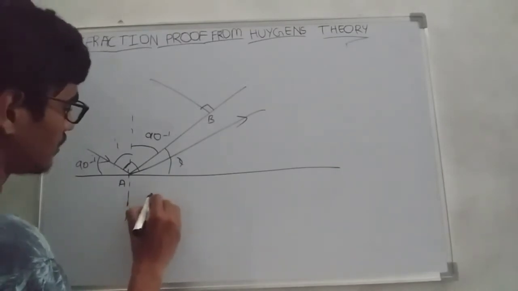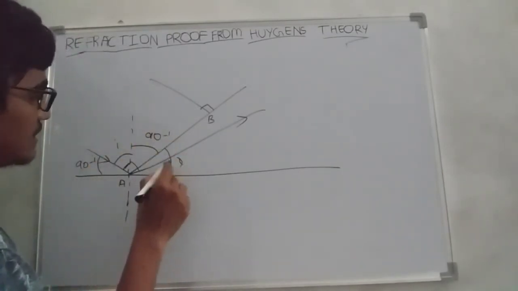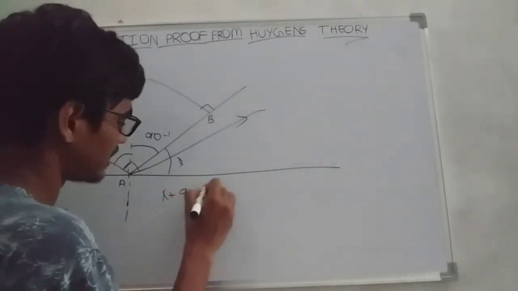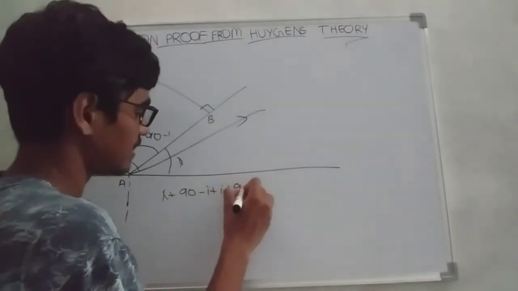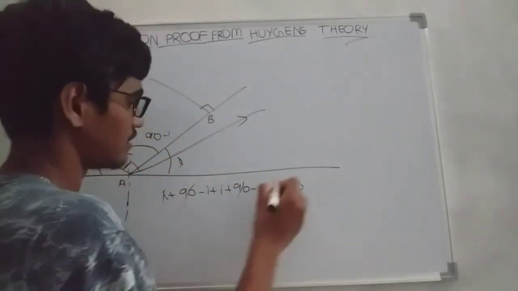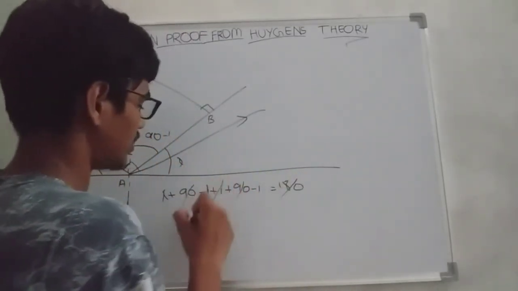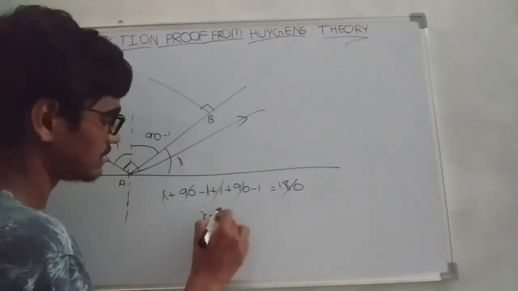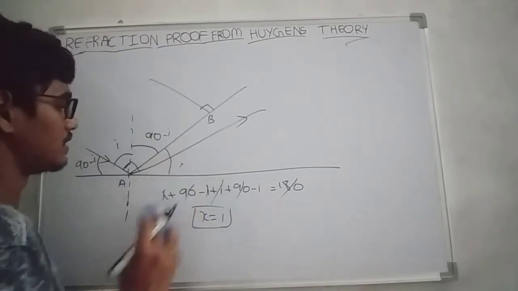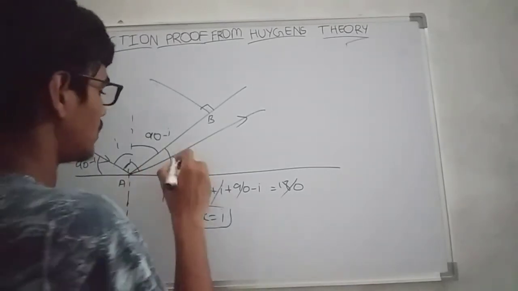The sum of all these angles is equal to the linear angle, so x plus 90 minus I plus 90 minus I is equal to 180. We get x is equal to I degrees. So here x is equal to I.